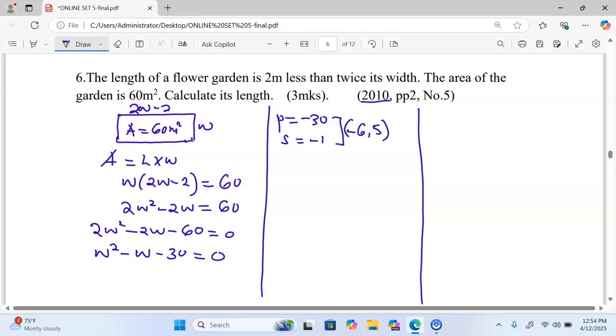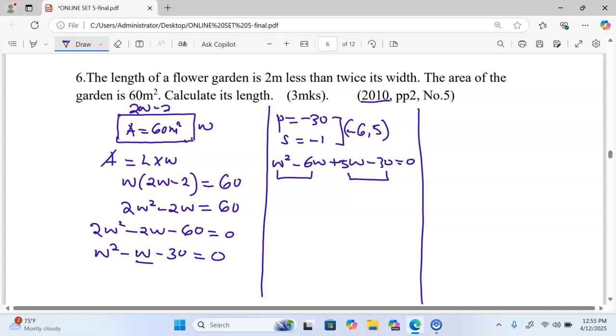Once we have the numbers, we use them to split the linear term. So we begin with the squared term, which is W squared. Instead of the linear term, we use the two numbers, that is minus 6W plus 5W, and of course minus 30 is equal to 0. From there, we can factorize them in pairs.